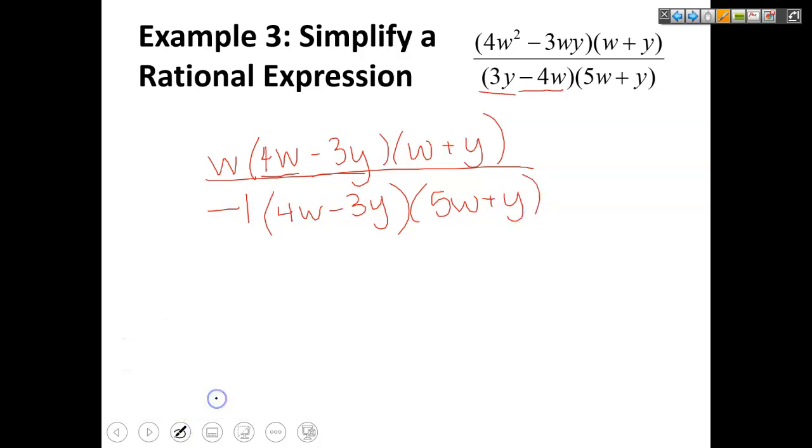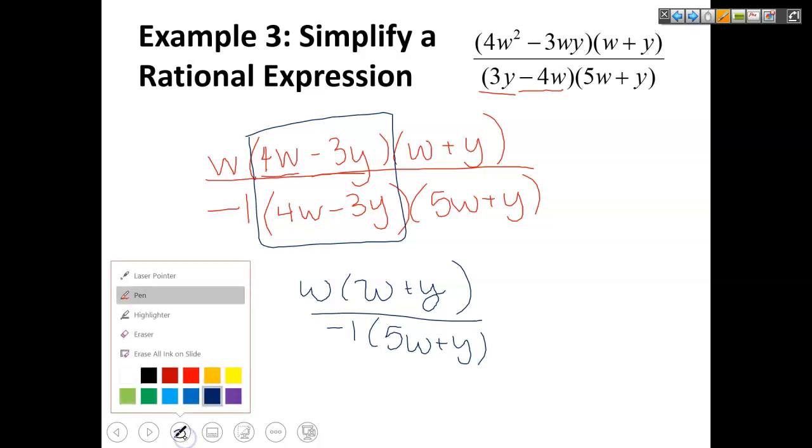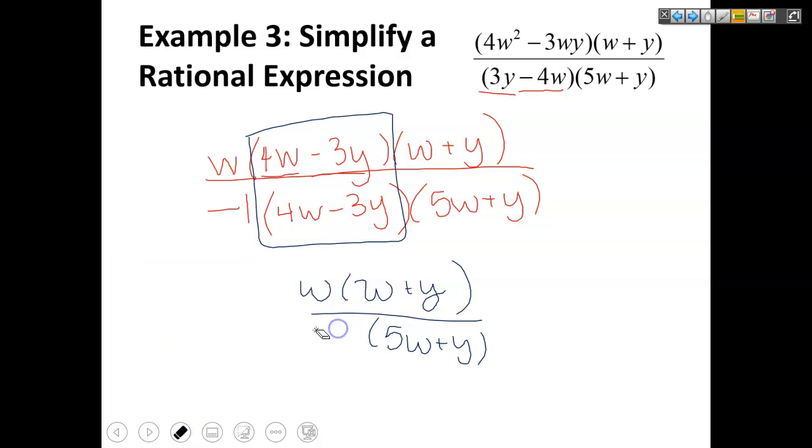Thus allowing me to remove 4w minus 3y from my problem, making my new answer w plus y over -1 times 5w plus y. You can leave the -1 in your denominator. You can also move it up and put another w in the numerator. Both are correct. Both are fine.